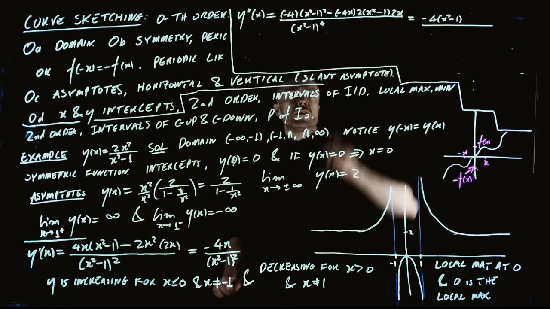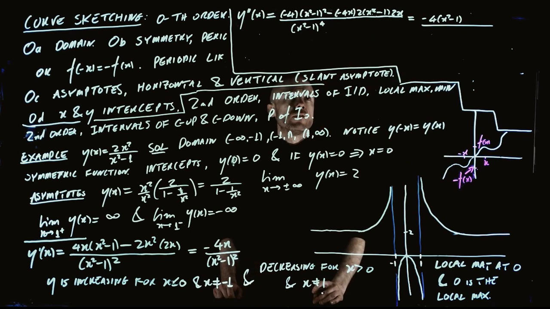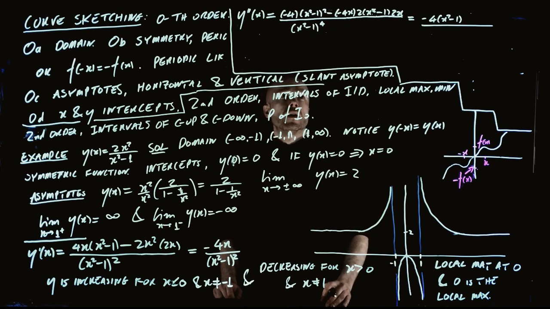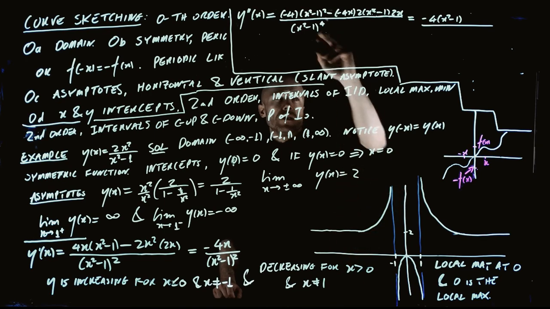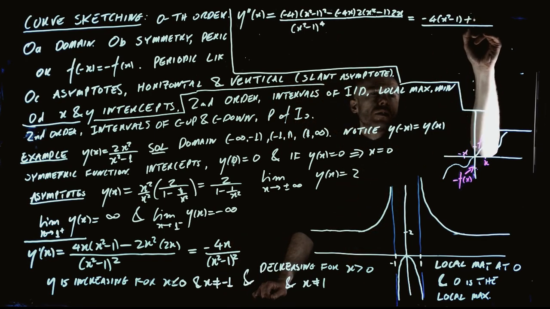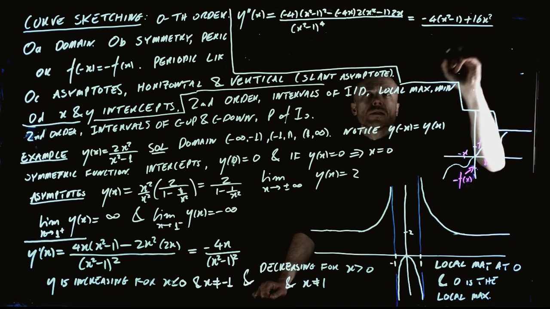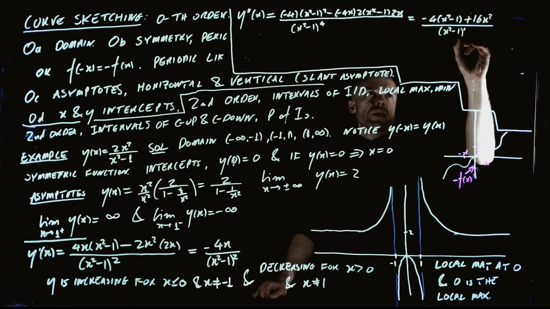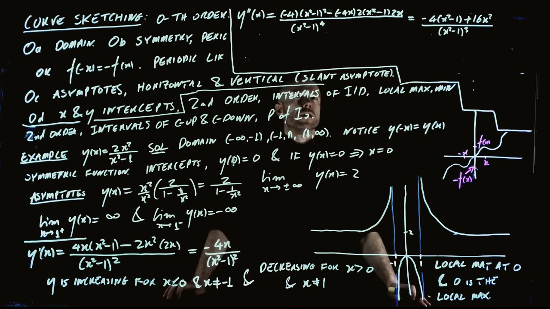And here, when I factor out this x squared minus 1, all I'm going to have left is 2 times 2 times 4 x squared, so 16x squared, right? And the minuses will cancel, so it's a plus 16x squared. And then this is the x squared minus 1 now to the power 3, because I've cancelled this x squared minus 1 power from the top.